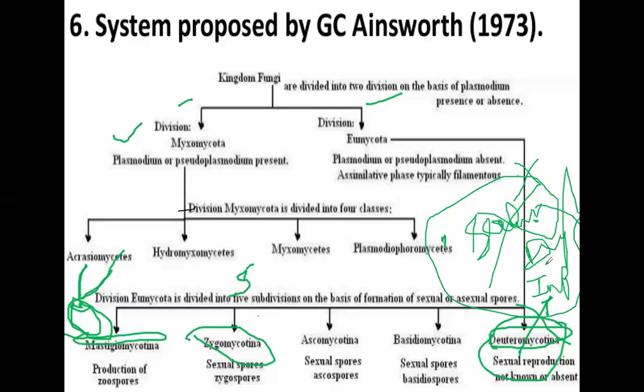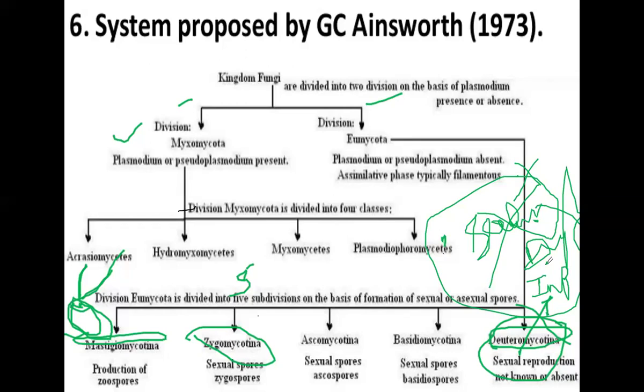After the perfect stage was identified. You know the perfect stage is called, competitive exams have asked this question many times, the teleomorph. The perfect stage of fungi is called teleomorph. The imperfect or asexual stage of fungi is called, I already told you, three states of fungi: anamorph, teleomorph, holomorph.